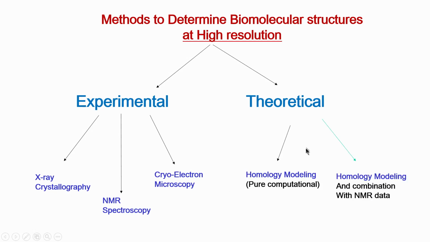Now, there is another option which has come up in recent days: you take homology modeling, which is already using the known structures and sequences, but you combine it with some NMR data.